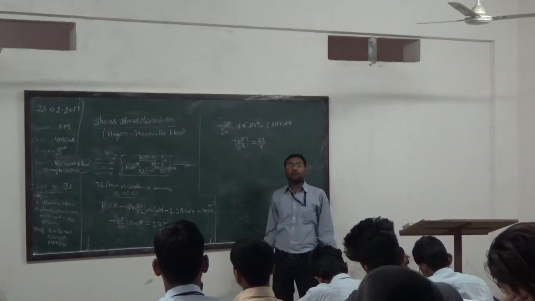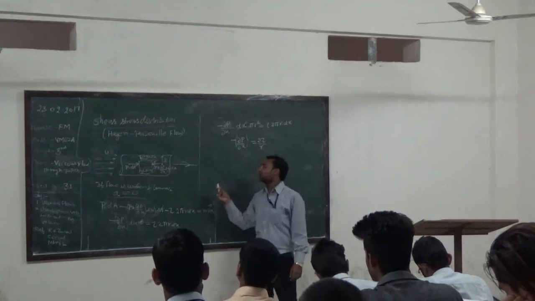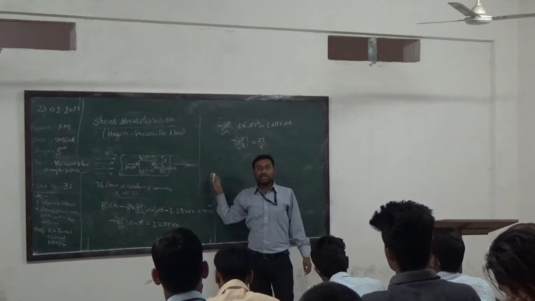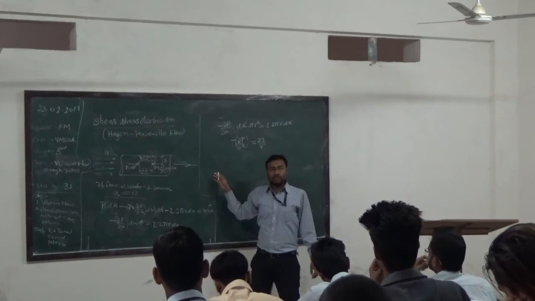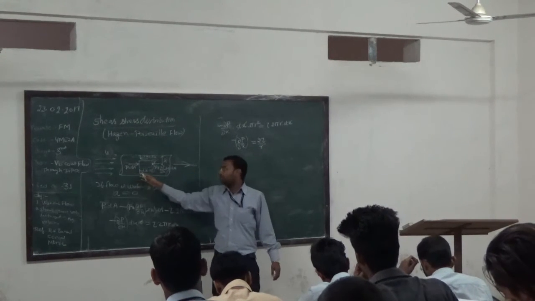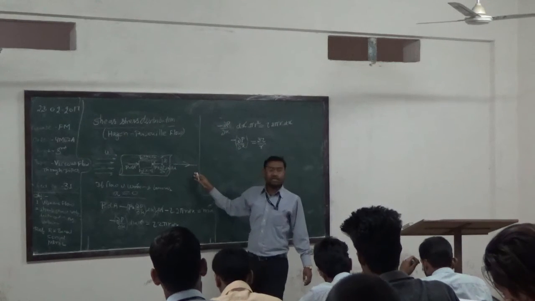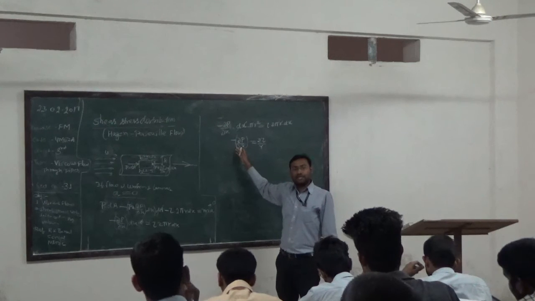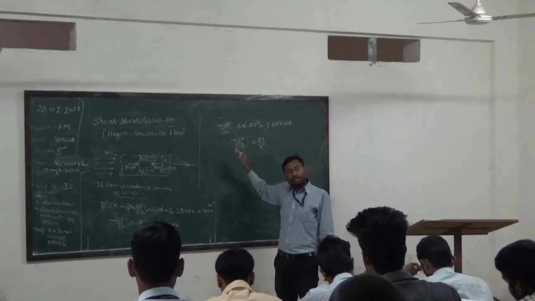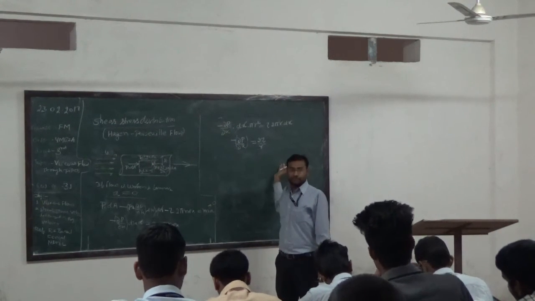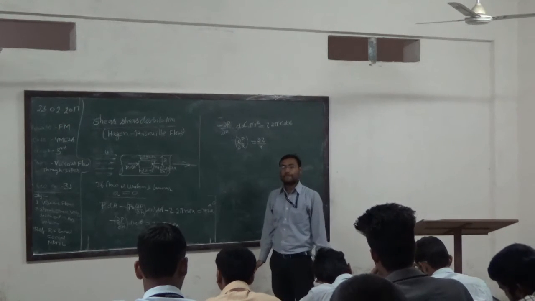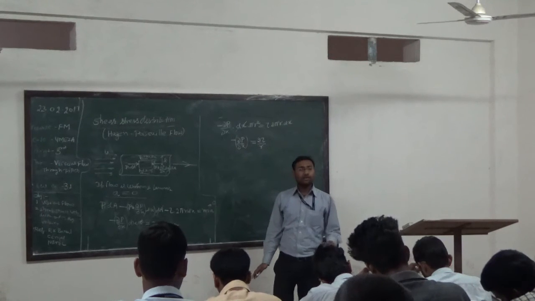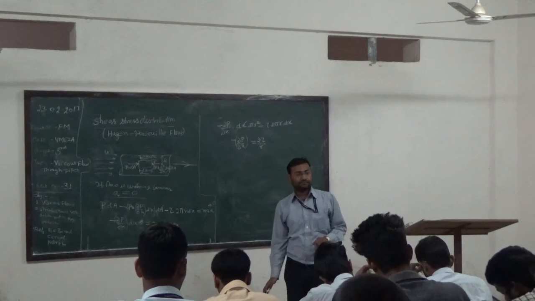Del P by del x is the pressure gradient in the horizontal direction, and the negative sign means pressure is decreasing in the horizontal direction. So the pressure is maximum here and is decreasing in the horizontal direction. Please write down: the negative sign indicates the pressure is decreasing in the flow direction.